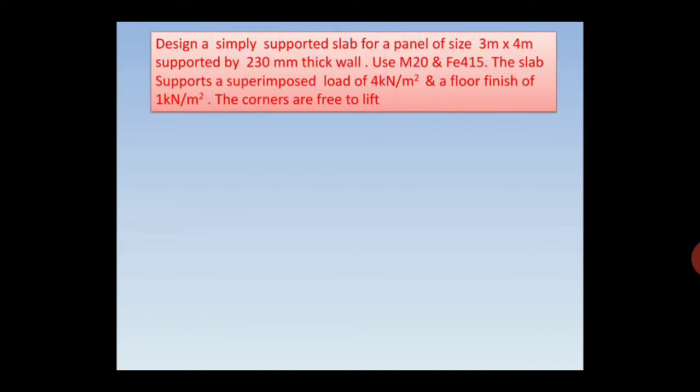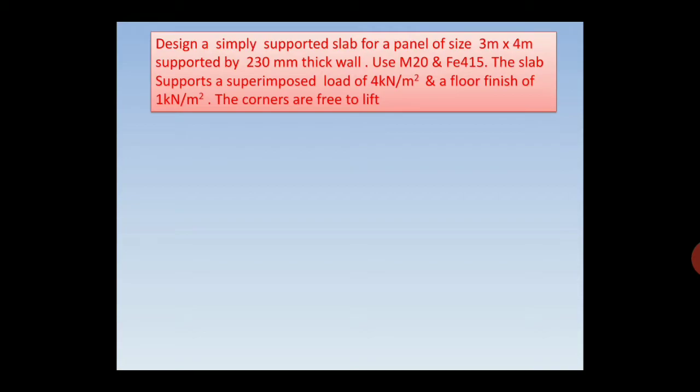The example reads as: design a simply supported slab for a panel of size 3 meter by 4 meter supported by 230 mm thick wall. Use M20 grade of concrete and Fe415 steel. The slab supports a superimposed load of 4 kN per meter square and a floor finish of 1 kN per meter square.